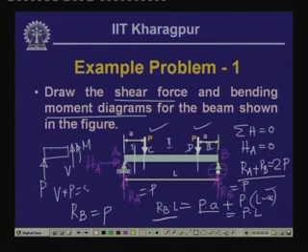So this gives us the value of V as minus P. So in segment 1, from point A up to this particular point, everywhere the shear force is equal to minus P.